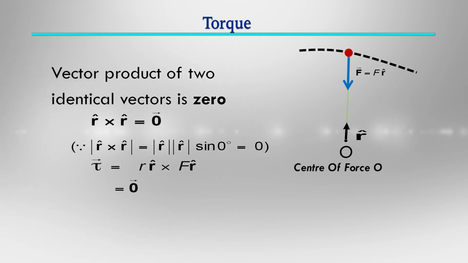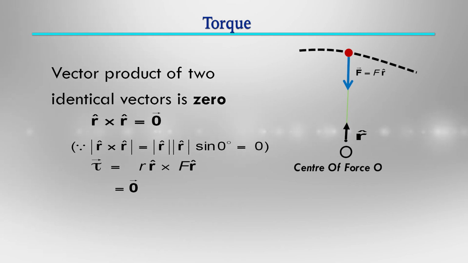If we have two identical vectors, the angle between them is 0 and sine 0 is 0. Therefore, as is true for the vector product of any two identical vectors, the vector product of the unit radial vector with itself is also 0. So this is nothing but the null vector.